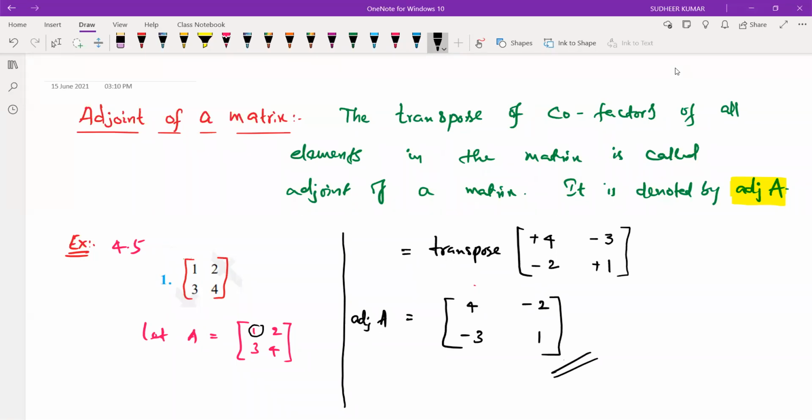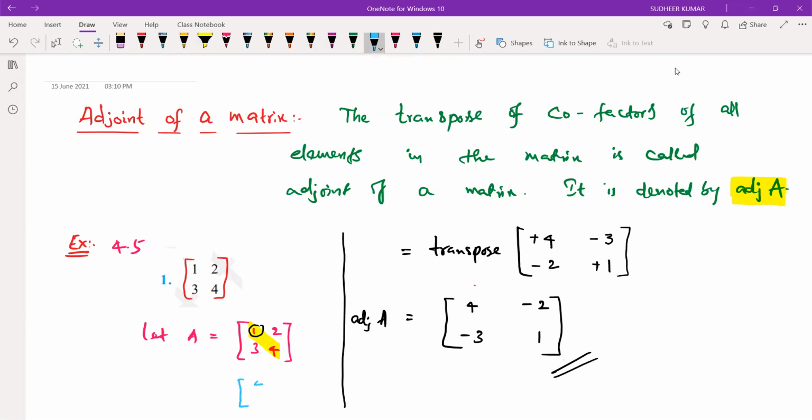Is it clear? Yes, sir. If it is a 2 by 2 matrix, we can directly write it. See, interchange the principal diagonal elements. If you interchange, what will you get?